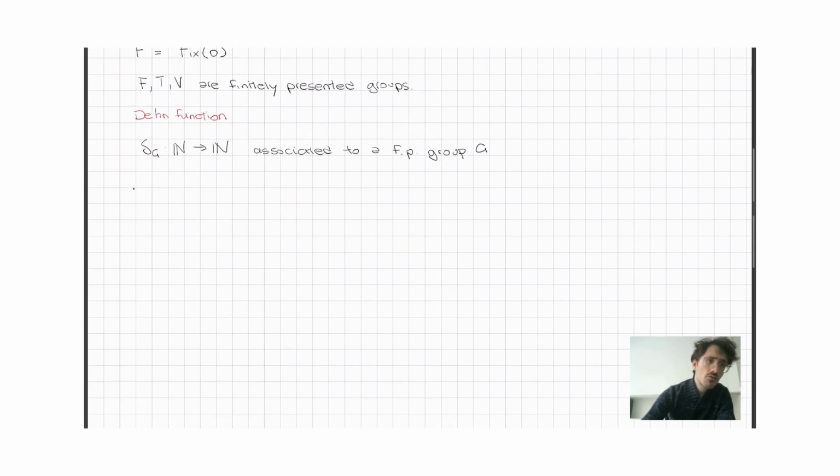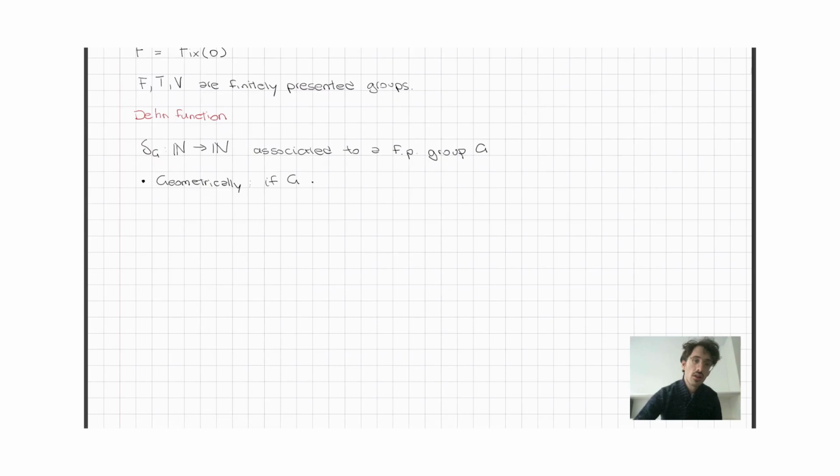And there are two ways I like to see it. I'm not going to give you the precise definition, which you can find in the paper, but I'm going to give you two ways to think about it. So there's a geometric point of view. You can think of it as an optimal isoperimetric inequality. Let me be a little more precise.